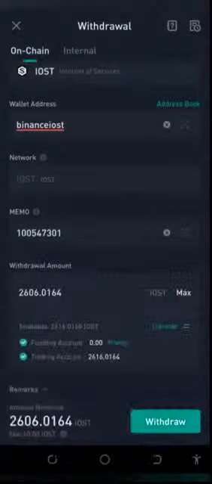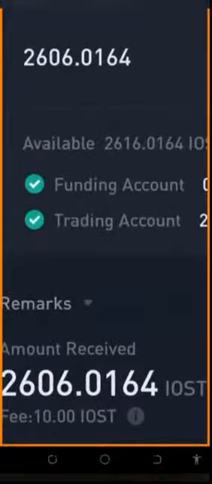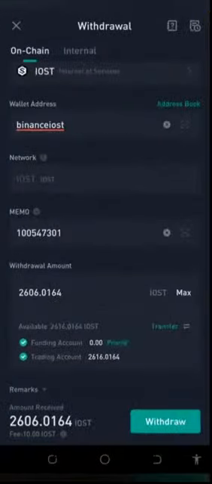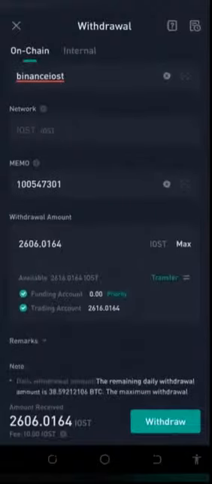Then we pick max. So what we get is 2606. Remember that there's going to be a withdrawal fee of about 7 cents. It says that the fee is 10 IOST, which is equivalent to about 7 cents. So we're going to go over and get this done. All right. So 1 to go. Let's withdraw.